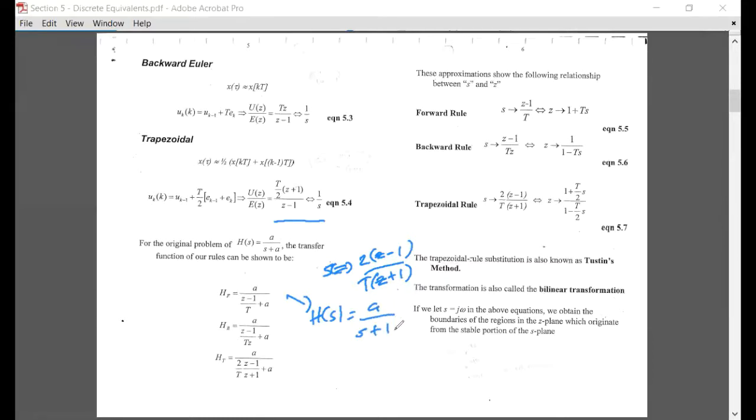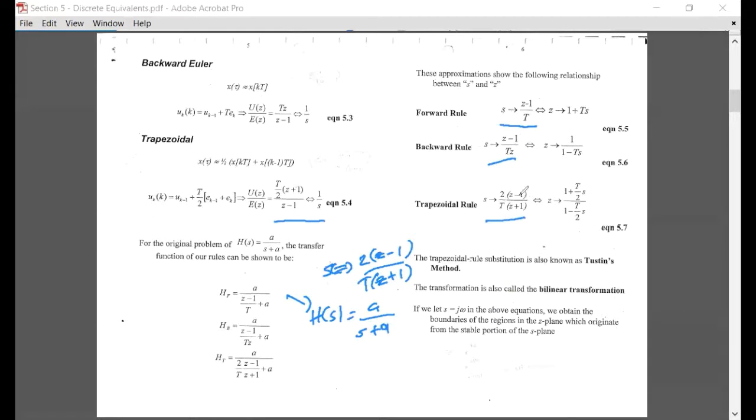So in place of s, we can substitute either the forward rule, the backward rule, or the trapezoidal rule. The forward rule was s equals z minus 1 over T. Backward rule, s equals z minus 1 over Tz.